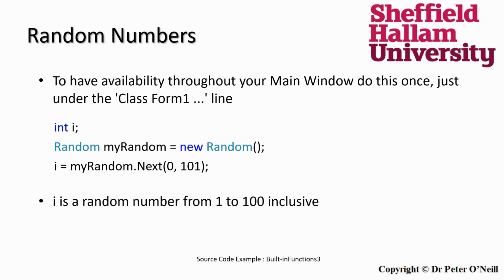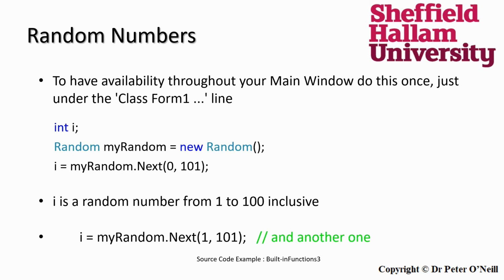Sorry, between 1 and 100. That's my mistake. So therefore, notice it's exclusive of the numbers. It excludes the actual numbers you've got, and it increments the first one by 1 and the second one it reduces by 1. So hence we get 1 to 100.